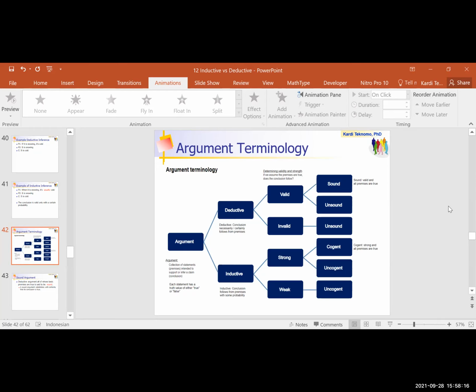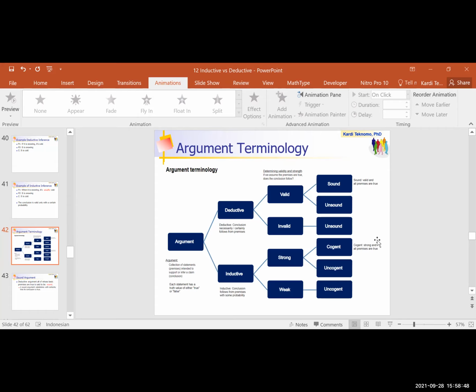Yes, the probability is very low that it is happening. So that means you are not sure, right? Okay. But for strong and uncogent, what is the meaning of that, sir? Strong uncogent means you have high probability, but not all the premises are true. Okay, not all the premises are true.